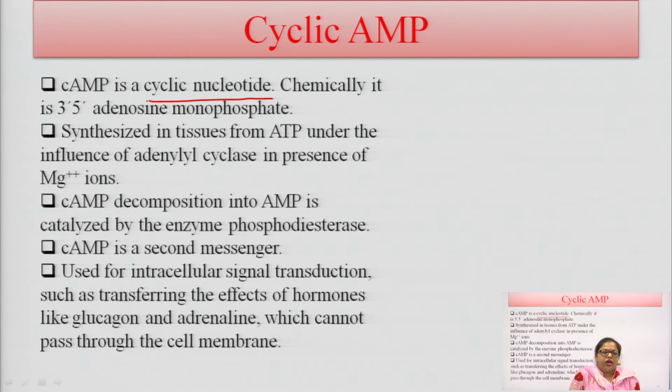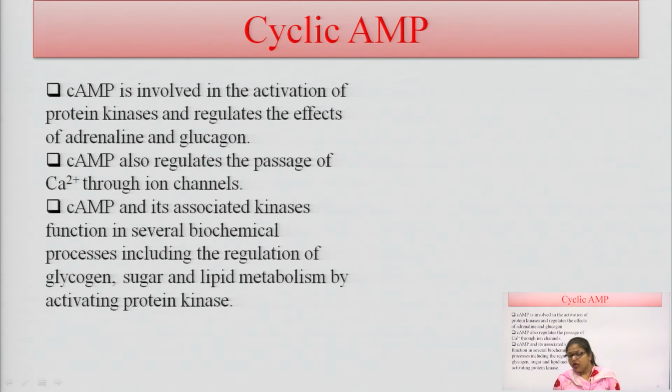It is also used in transferring the effect of hormones like glucagon and adrenaline, which cannot pass through the cell membrane. Cyclic AMP is involved in the activation of protein kinase and regulates the effects of adrenaline and glucagon.